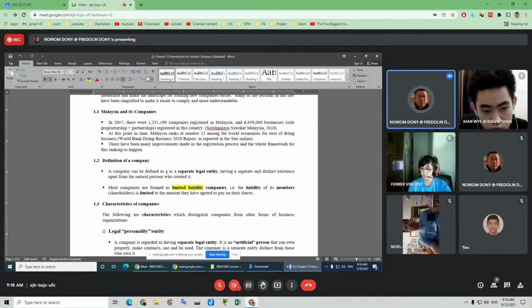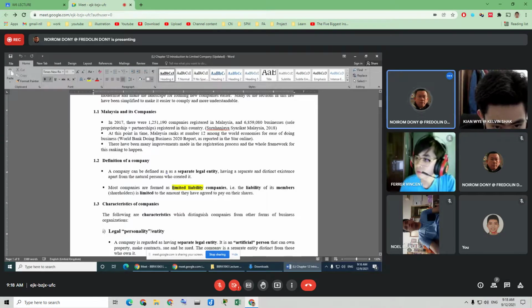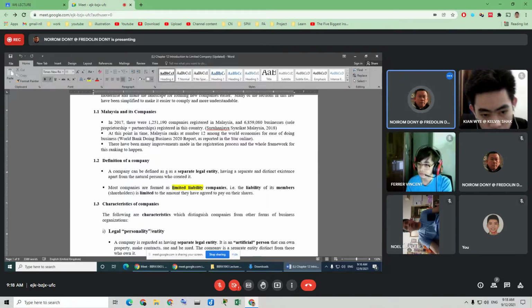That is the only liability the shareholders have. So in case the company fails and cannot settle the liability, the payables cannot go after the personal belongings of the shareholders. That is the meaning of limited liability.